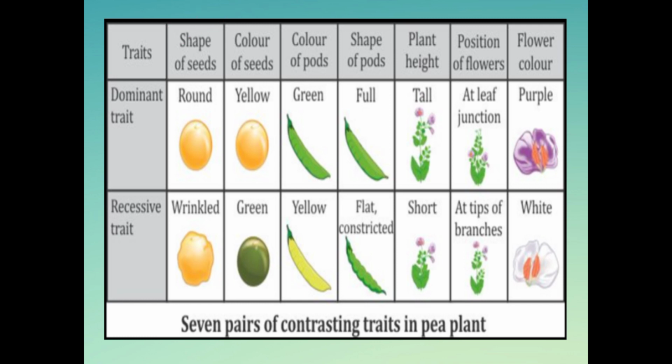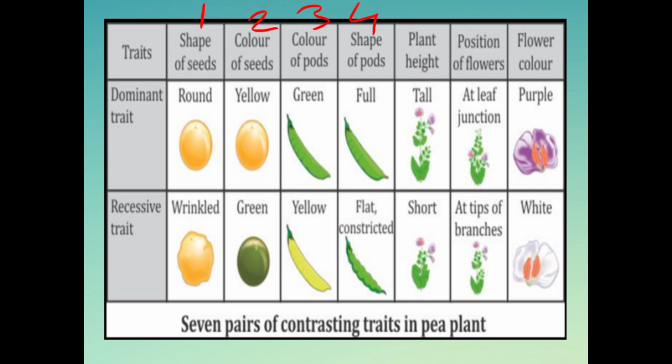Dominant is round, recessive is wrinkled. Next, color of seeds: yellow is the dominant one, green is the recessive one. Third is the color of pods: green is the dominant one and yellow is the recessive one.